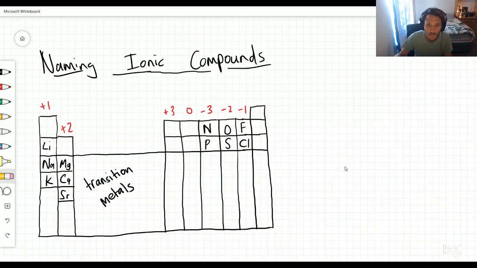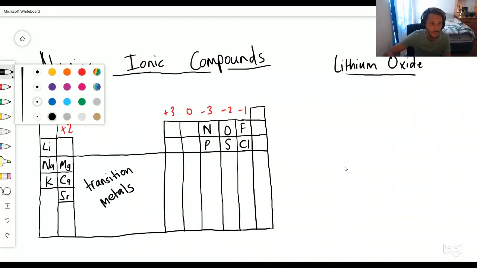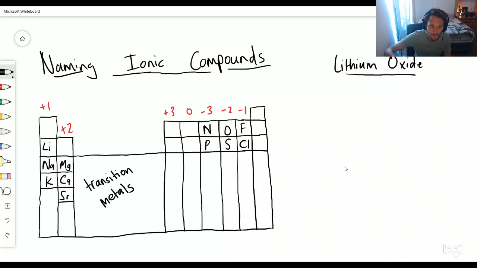So let's take our example that we used earlier, and let's say the exam says I want you to give me the chemical formula for lithium oxide. What we do is we find the 2 elements in my compound. We've got lithium over here. Lithium has a +1 charge, so I've got lithium and it's got a +1 charge.